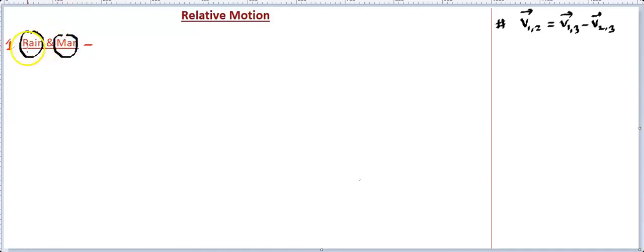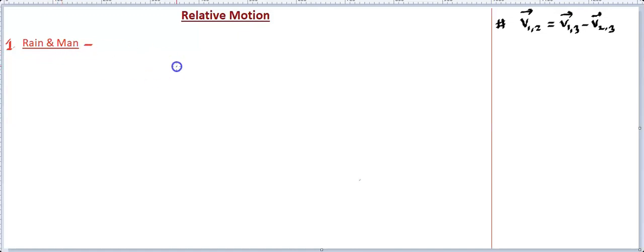How the rain appears to a person, we are going to talk about here. The rain falls down with respect to the ground, and a person may be moving. What that person observes about the rain is going to be discussed in this case.